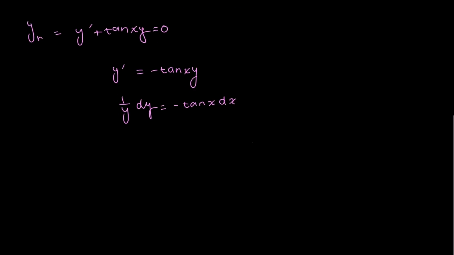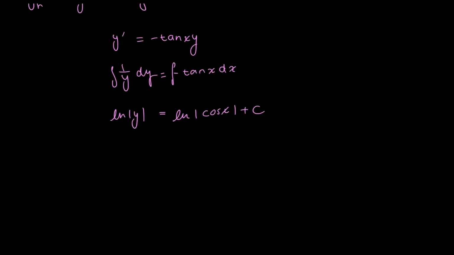Now integrating both sides, I get ln y on my left-hand side, and I don't need to add an arbitrary constant c on the left-hand side. On my right-hand side, you can solve the integral of tan x using the u substitution method. I don't feel like doing all the steps, and I know what it is, so it's ln cosine x plus c.